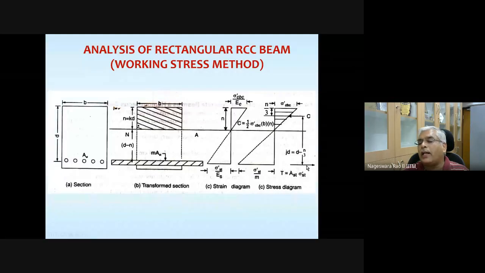T is going to act at the centroid of the reinforcement, and C is going to act at this level. So once you know the effective depth, the distance between C and T is D minus N divided by 3. That distance is called lever arm distance. That is denoted with JD.